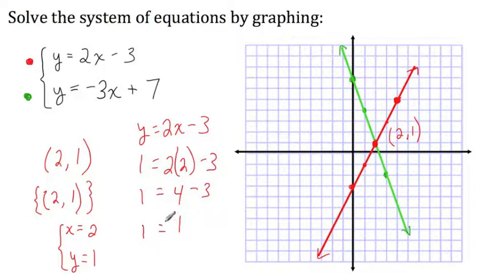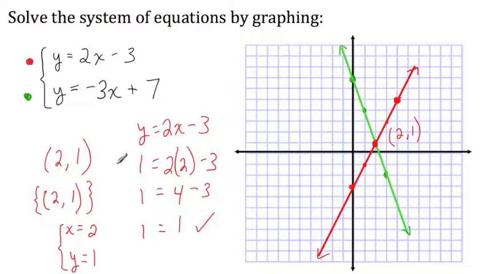And I should get an equation that is true. 1 equals 1 is true. So it satisfies the first equation. I'll leave it to you to check the second equation. Go ahead and plug in 2, 1 into this equation and ensure that you do indeed get a true equation.